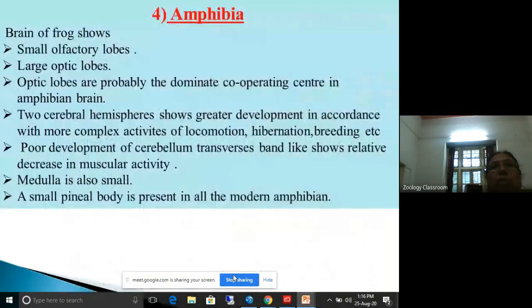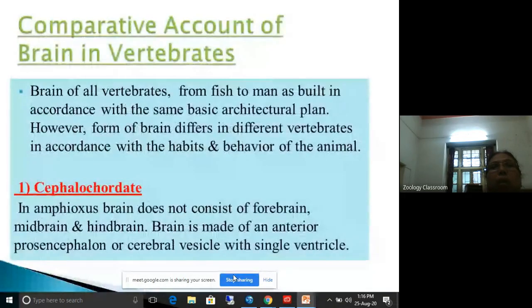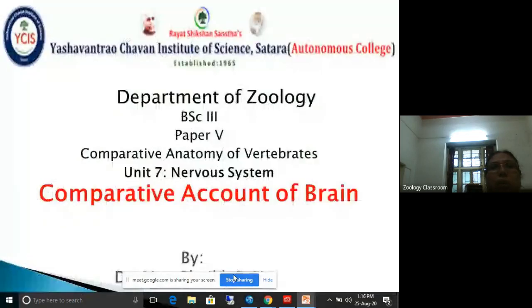So we complete this half part of the comparative account of brain development. We have seen the cephalochordate, cyclostome, then fish, amphibia and reptiles. The remaining part we will see in the next unit.